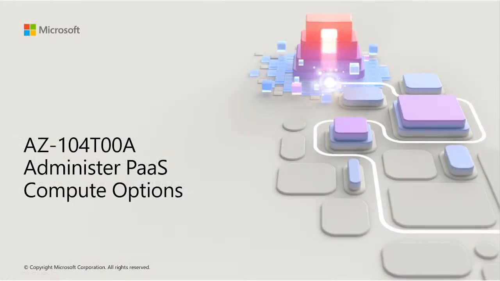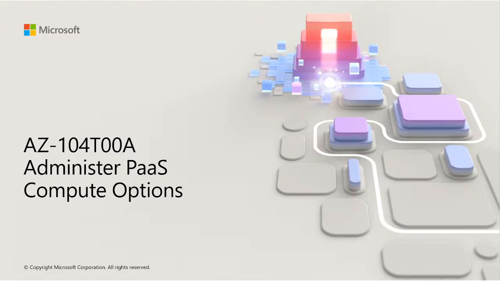So here we'll talk about how to administer PaaS, other PaaS compute options. We talked about IaaS, and virtual machine is the IaaS compute option that we have. But at the end of the day, we want to start hosting our web applications, our desktop applications, and the likes on other PaaS options. What PaaS options? We'll start talking about App Service.